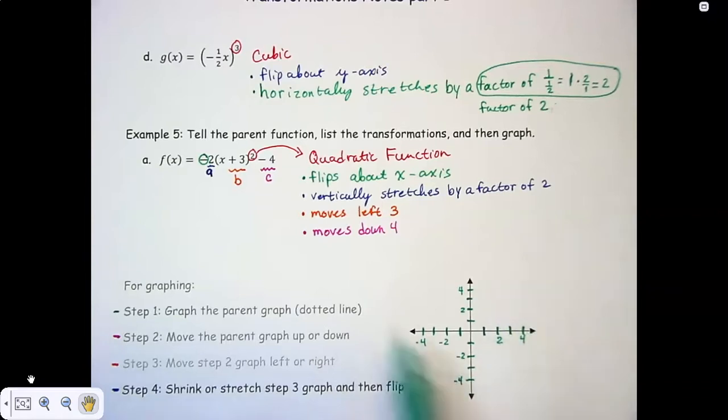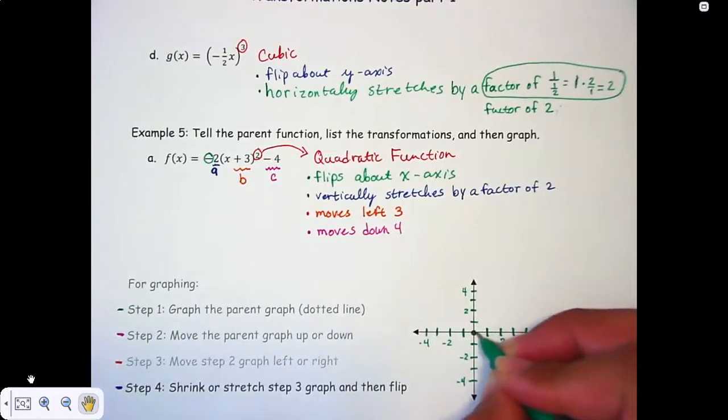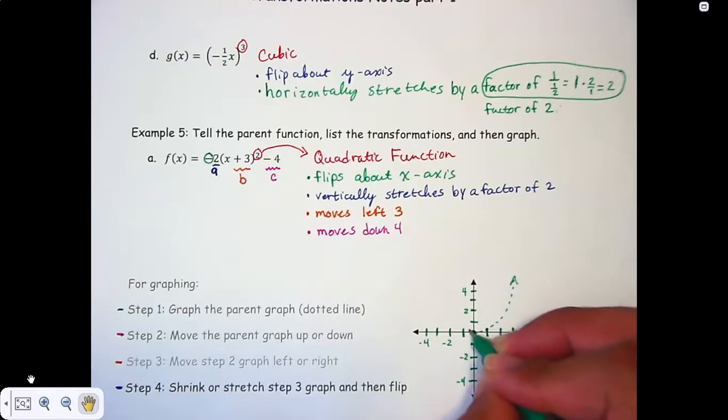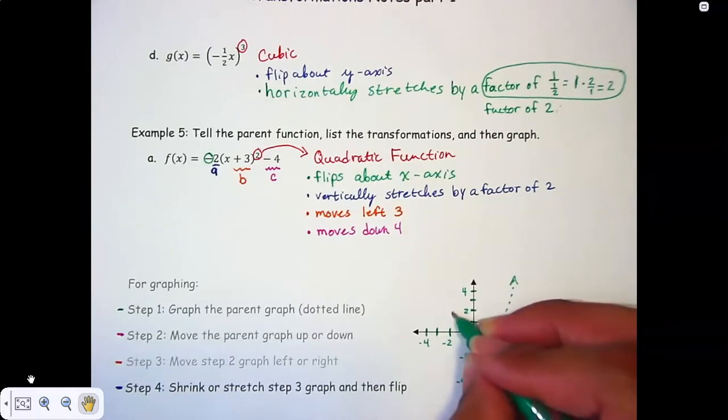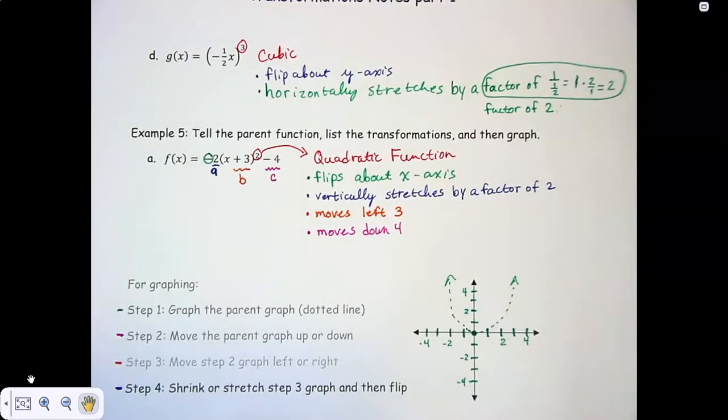Here again, it's quadratic, so we've been dealing with quadratics recently. We're going to do our parabola as a dotted line, like we said in step 1: graph the parent graph and make it a dotted line, so that we know it's the original, not the final one.